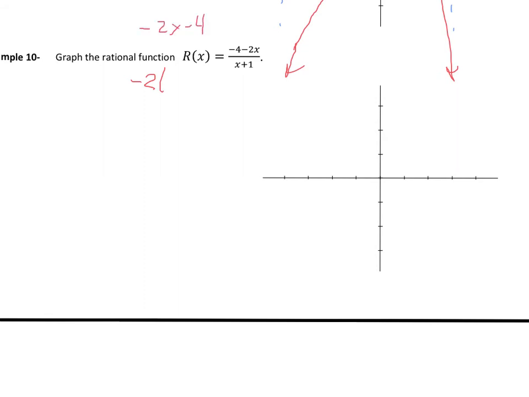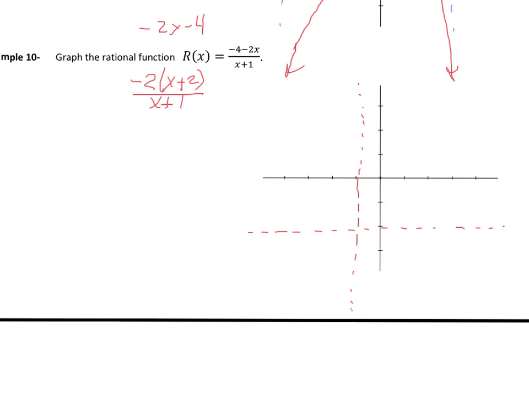We're going to yank a -2 out of that and make it x plus 2 over x plus 1. Okay. All right, horizontal asymptote at -2. Vertical asymptote at -1. Any holes? No.